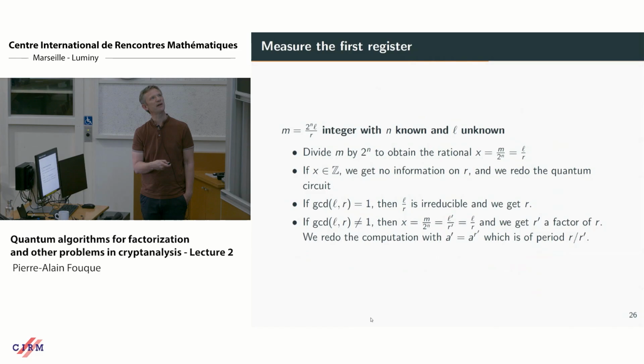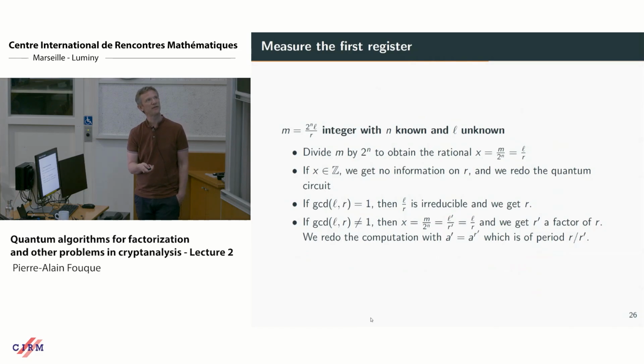So this is an integer, which is very useful to remember in this case. It is an integer because r divides 2 to the n. So 2 to the n divided by r is an integer, and since L is also an integer, m is the product of two integers, so m is an integer.